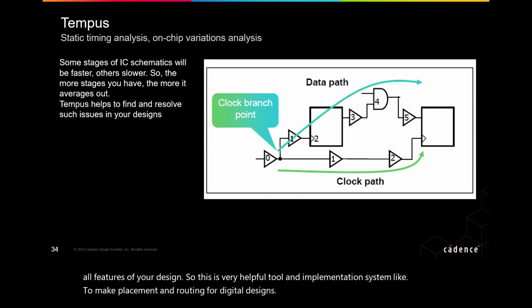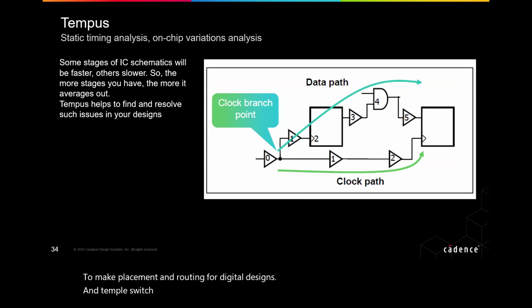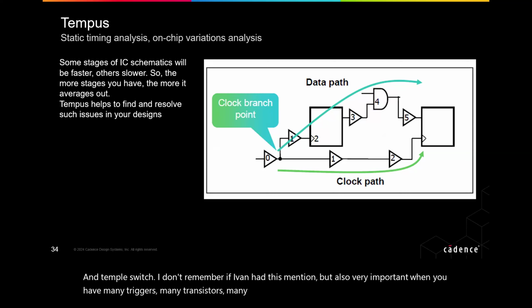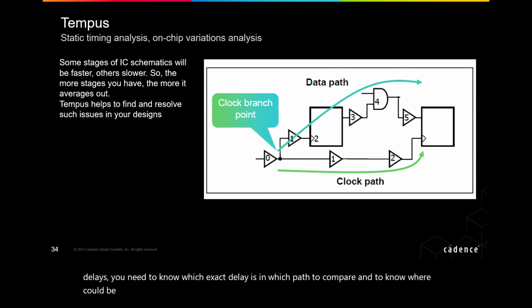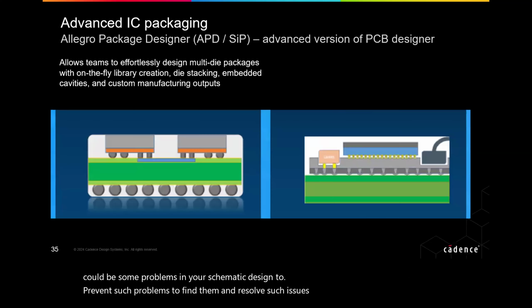And Tempus, I don't remember if Ivan mentioned it, but it is also very important when you have many triggers, many transistors, many stages of schematic, and they could have different delays. You need to know exactly which delay is in which path, to know where there could be problems in your schematic design, to find them and resolve such issues in advance.